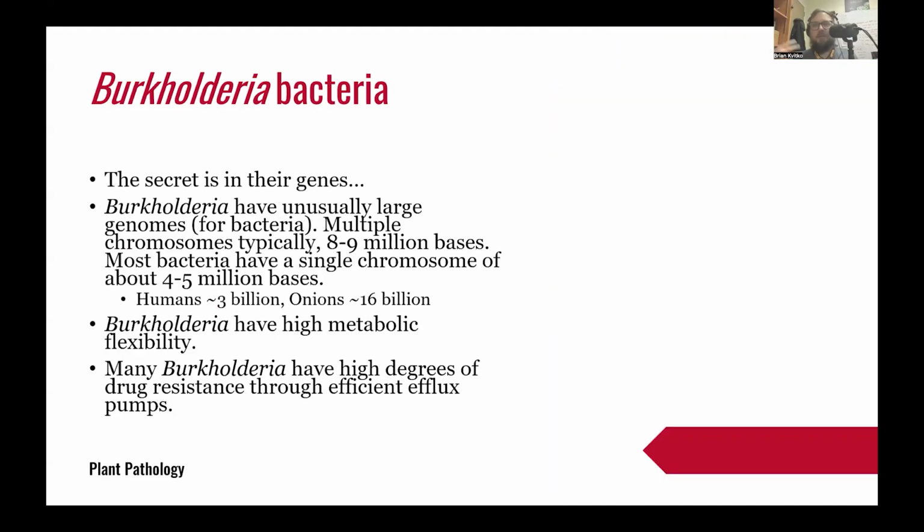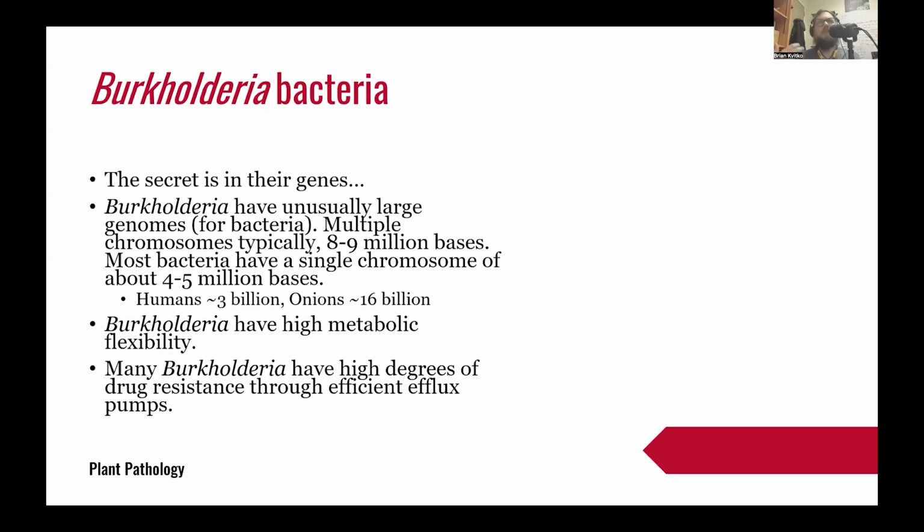So the secret really for these organisms is in their genes. So Burkholderia as a group, they've got these unusually large genomes for bacteria. They actually have multiple chromosomes, which is also a little atypical. So about 8 to 9 million bases of DNA. That's almost twice as big as your average bacteria.